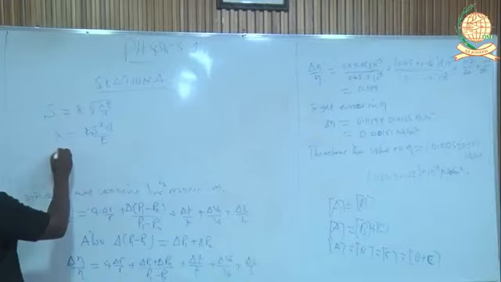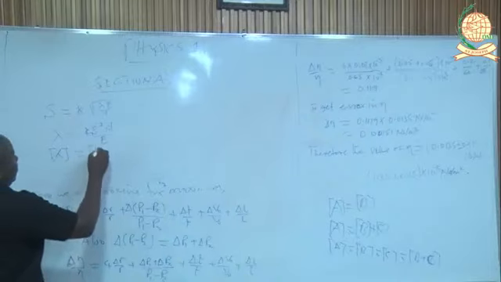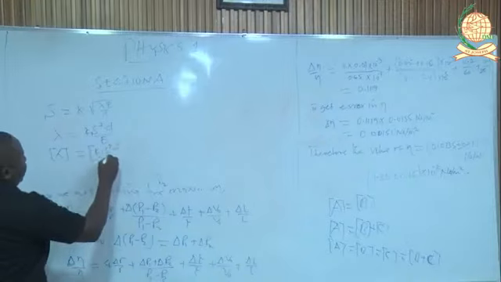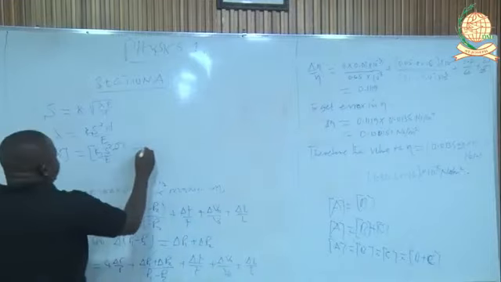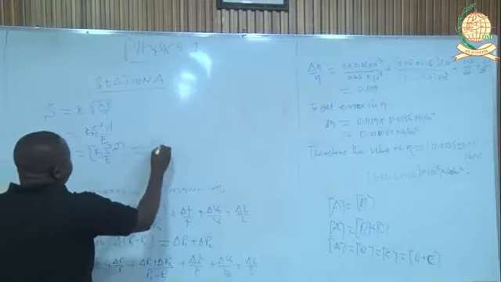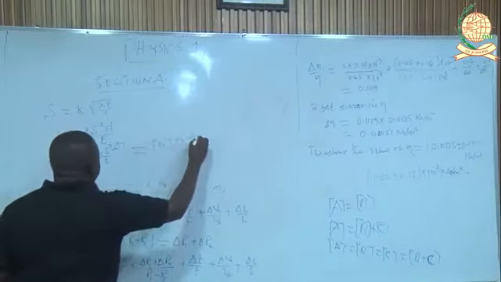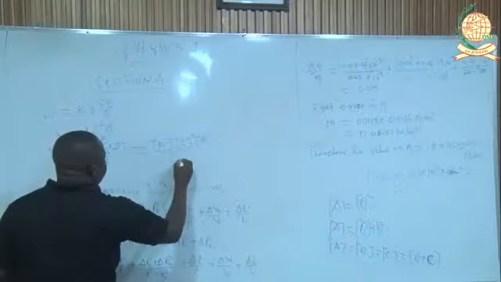Then the dimension of lambda is equal to the dimension of k1 S squared D over E. This is the same as the dimension of k1, the dimension of S squared, then the dimension of D over the dimension of E.